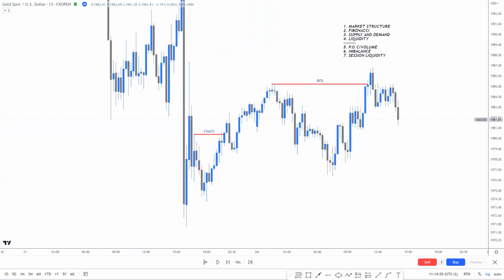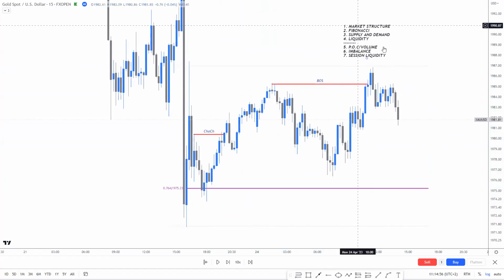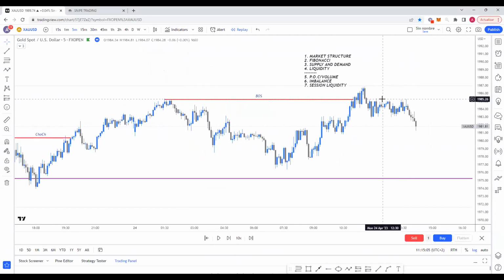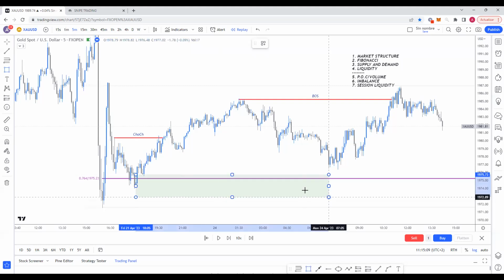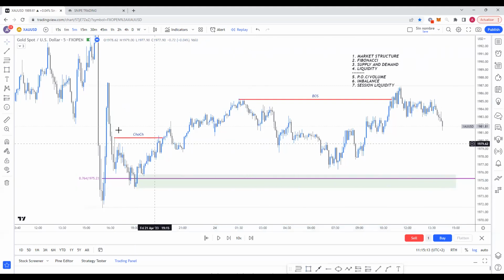Then Fibonacci, we trace our Fib from the low to the high, and we look for a supply and demand zone inside the Fib. In this case, I looked at the 5-minute time frame. Price gave this very nice demand zone right here, which is the closest one to the Fib.